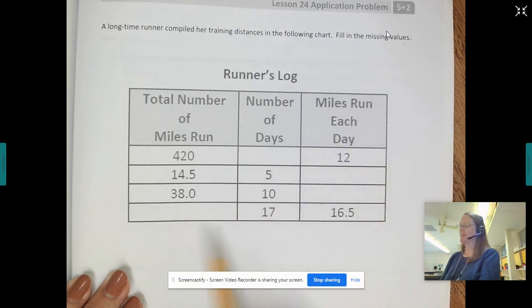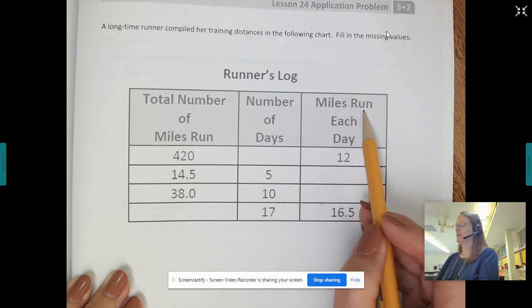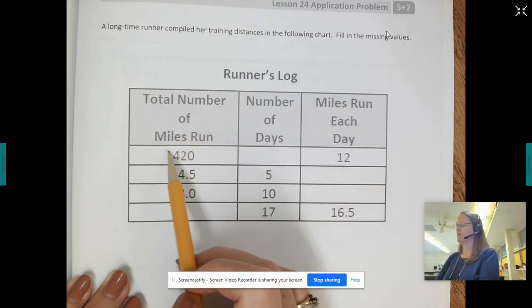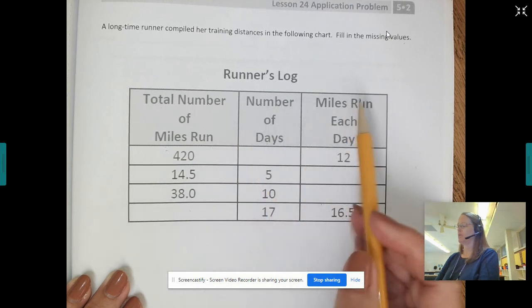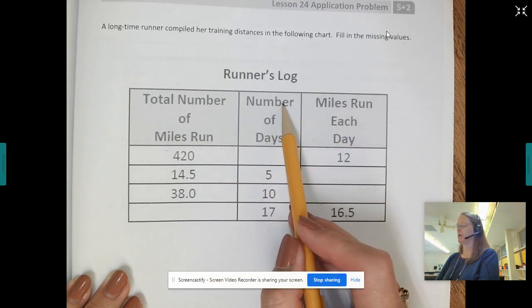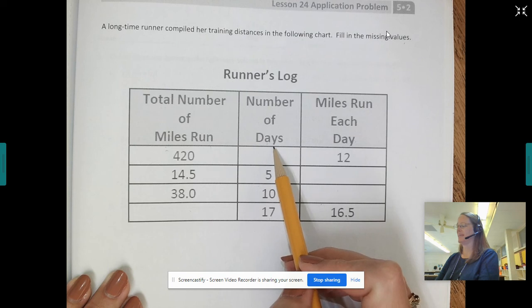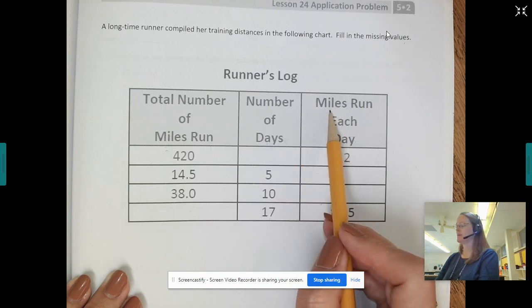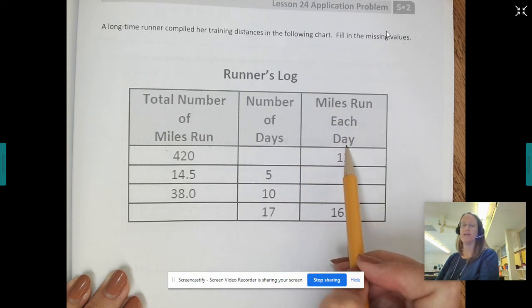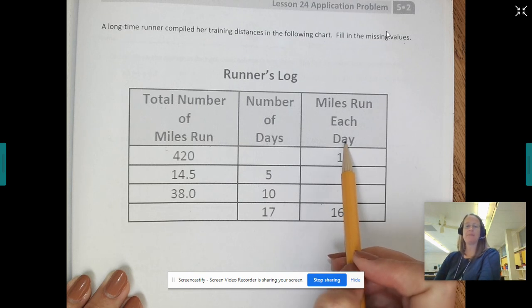So we have to be thinking that in order to find the total number of miles run, what's happening is we are multiplying the number of days times the miles that she ran every day.